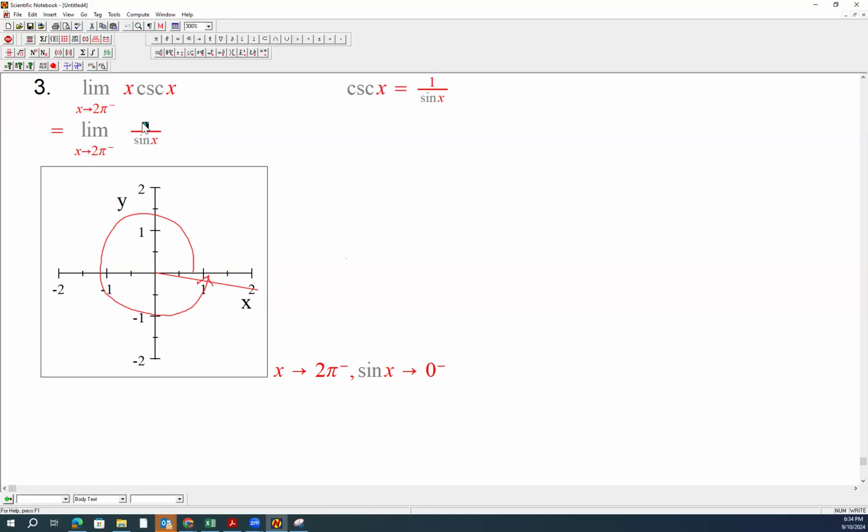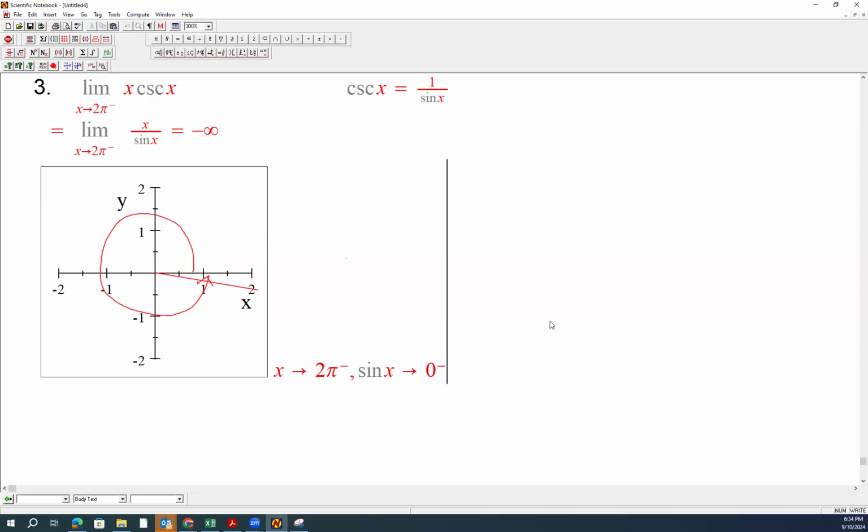The numerator approaching 2 pi is positive, the denominator approaching 0 is negative, so the limit is going to be negative infinity. That's how we can analyze it from the very basics of trigonometry.